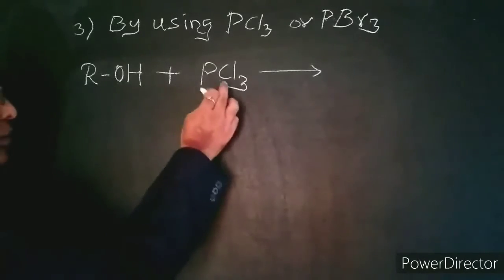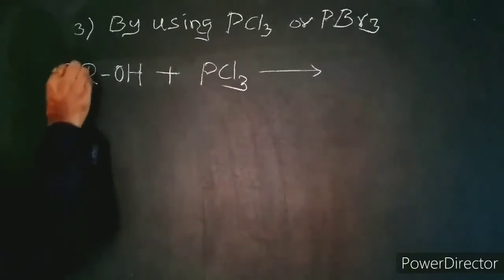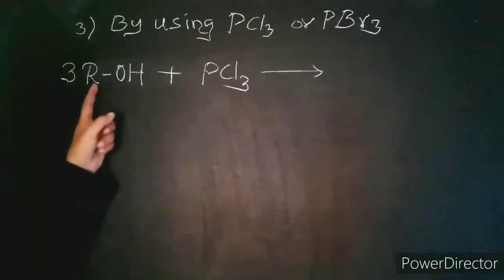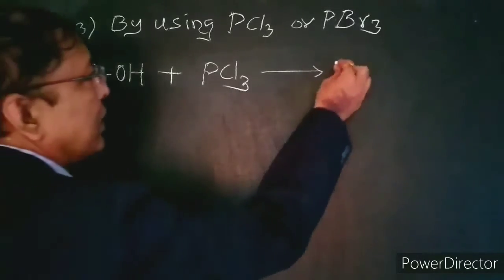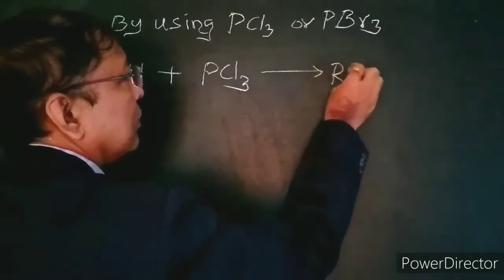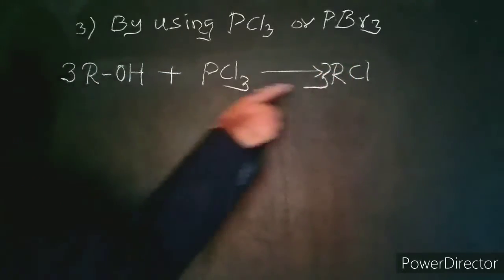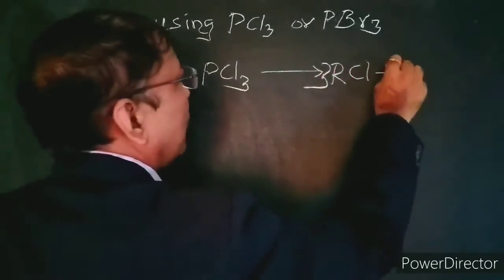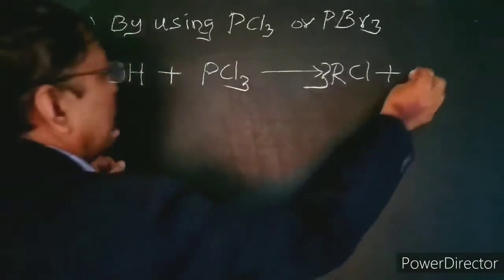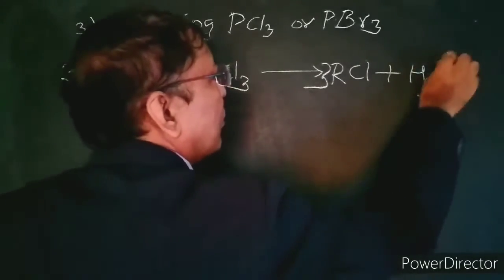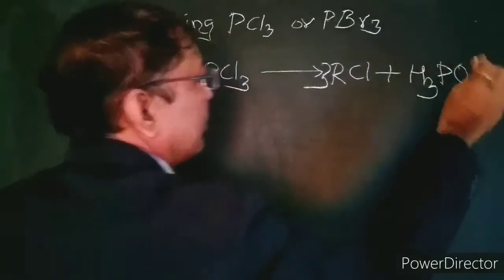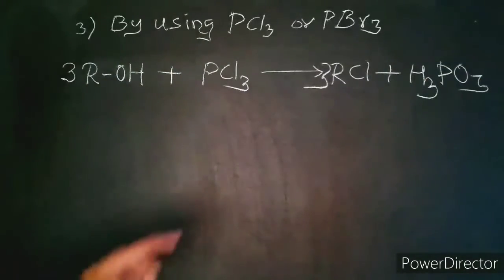As there are 3 chlorine atoms, we have to take 3 molecules of alcohol. So we get 3 molecules of alkyl chloride, RCl, plus H3PO3, phosphorus acid.